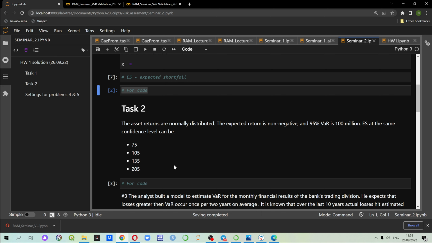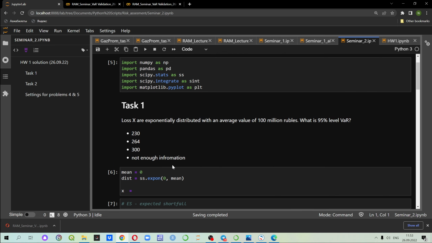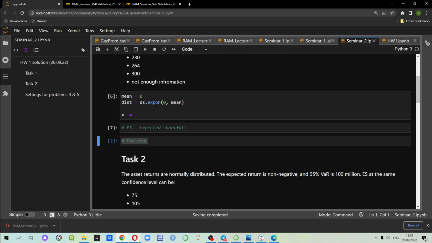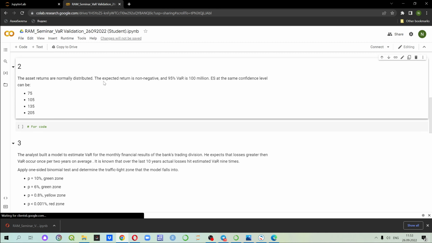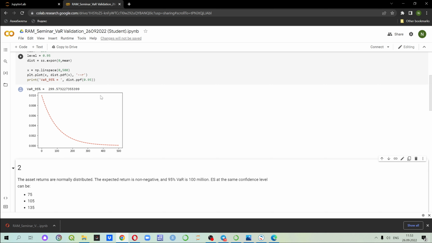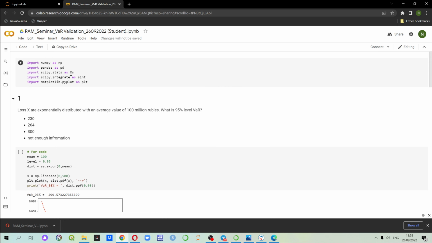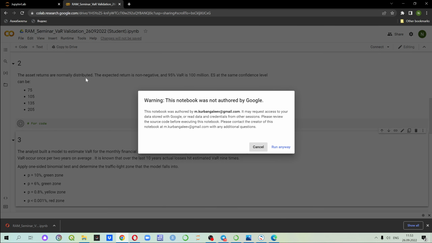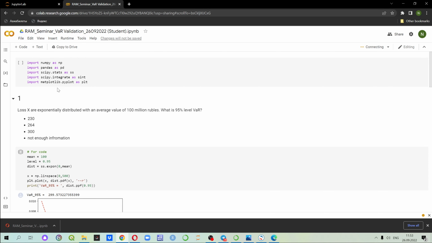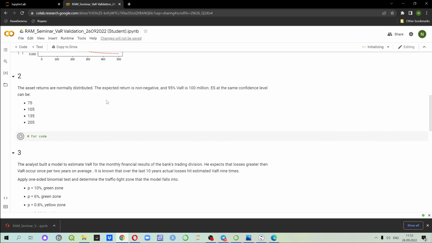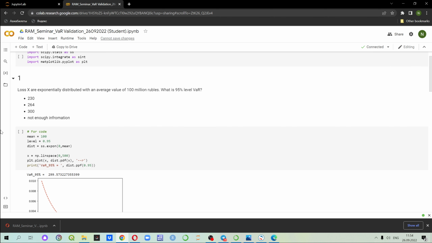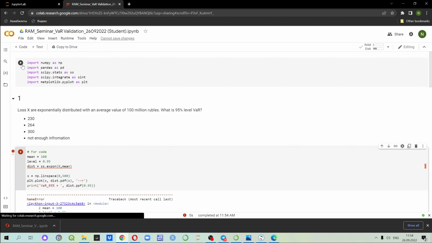The mean shifts the distribution, right? And if the mean is positive, our value at risk measure will fall, because we shift our distribution into positive outcomes, so extreme losses are less likely. Do you agree?